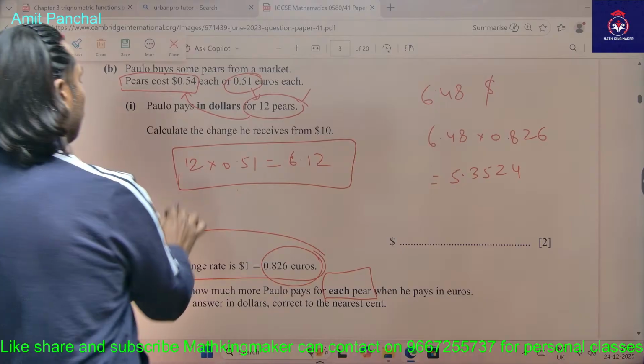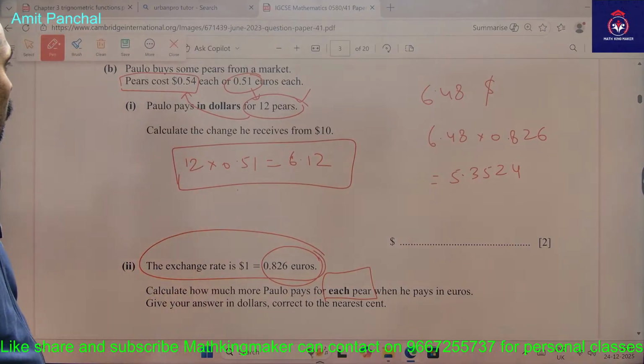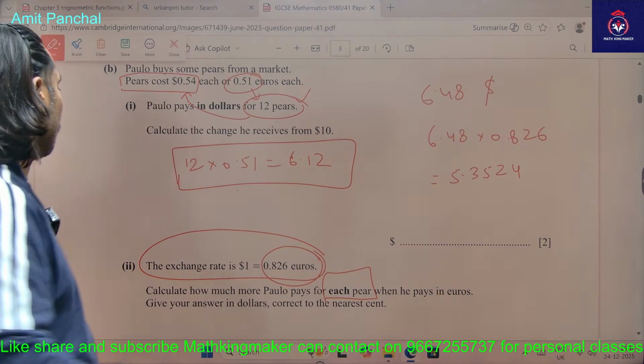We need the price of one pair only, right? Since we found the price for one pair in dollars when converted to euros, which is 0.44, it's just 0.51 minus 0.44, which is 0.07.